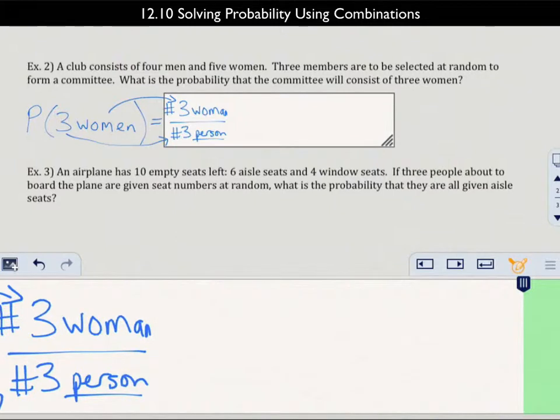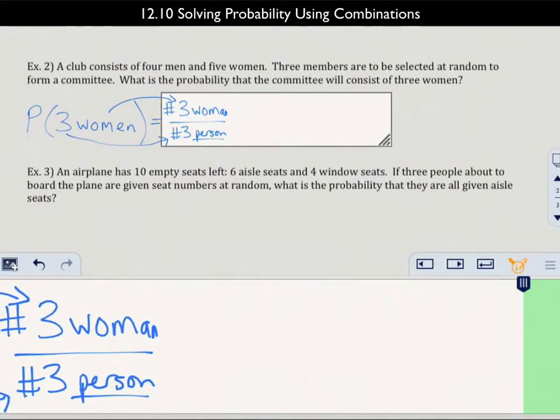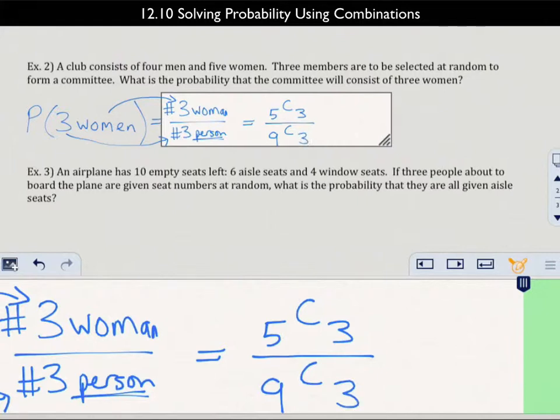Okay, so how many ways can we select 3 women from the entire club? Can we get 3 women out of the 5 women? There are 5 women, and we want 3 of them to be in the committee. So 5C3 will give us the number of ways. Now dividing by the number of 3-person committees, how many people are there? Well, if it consists of 4 men and 5 women, now we have a total of 9, and we're choosing 3.